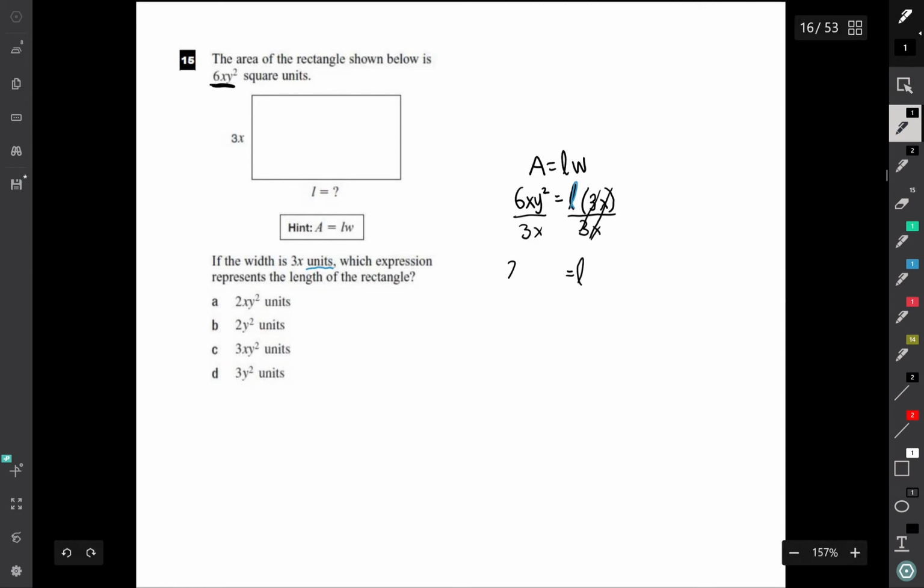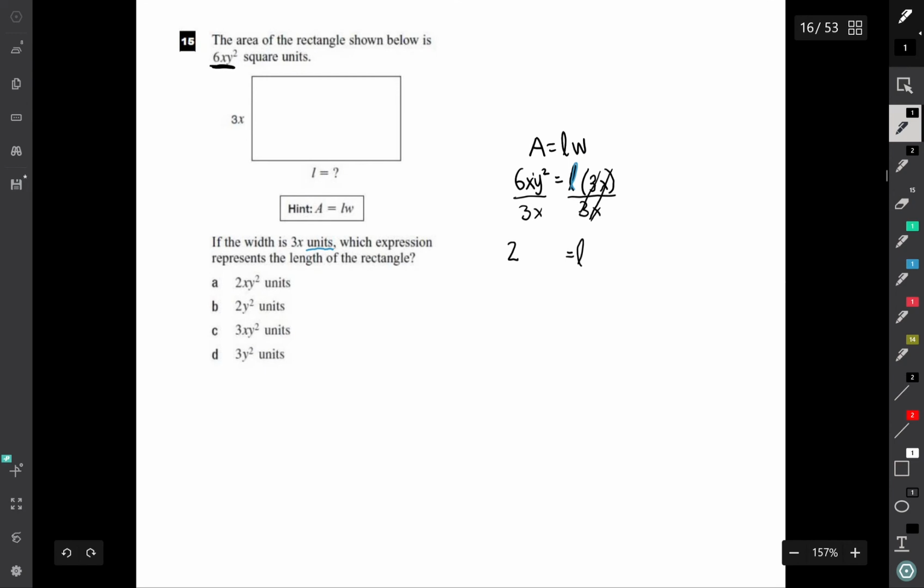6 divided by 3 is 2. Simplify our x. Oh, we have an exponent here. 1 minus 1 is 0, right? Well, you guys remember, anything with exponent 0 is equal to 1, right? So we could put 1, but 2 times 1 is just 2 anyway, so there's really no point in writing the 1 unless you really want to.